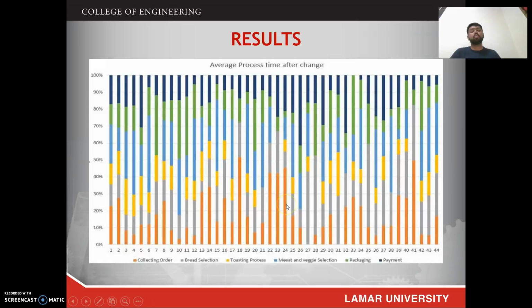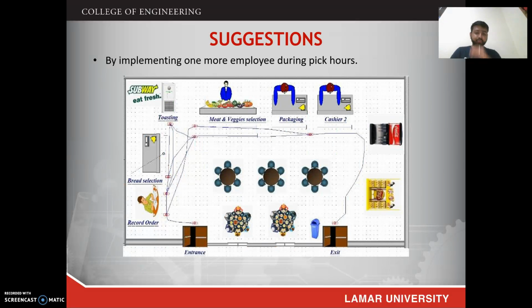There is a 280 to 300 seconds waiting time per customer in the Subway. But as I added one more employee, it reduced by 20 to 25%, and it is now 200 to 225 seconds per customer.